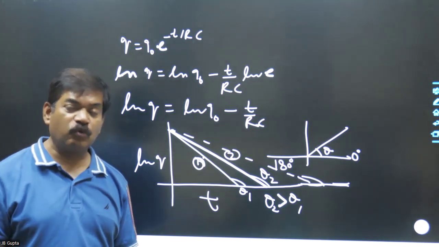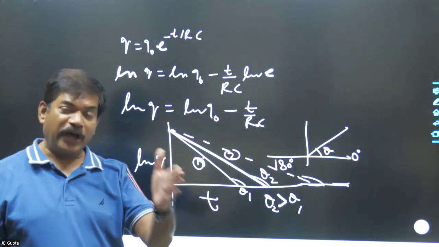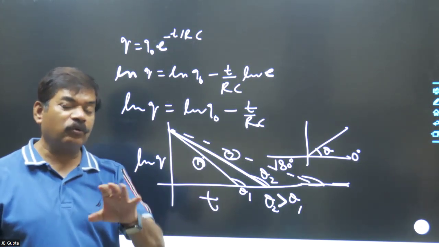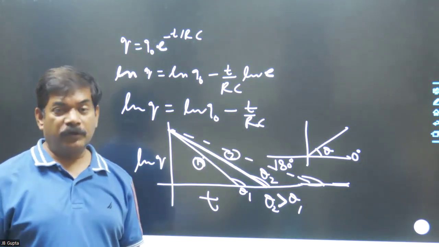That means magnitude of slope will be bigger. आप साइन को अलग रखेंगे और मैग्नीट्यूड को सेपरेटली. Is that clear?